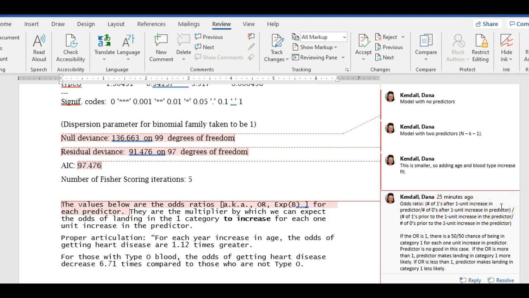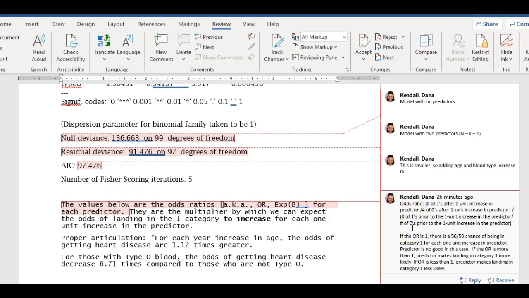Remember, odds is probability of event over probability of non-event. Okay, so how many ones were there after the 1 unit increase in the predictor, and then how many zeros. And so that's just the numerator of the odds ratio. And then the denominator of the odds ratio is, prior to that 1 unit increase in the predictor, how many ones over how many zeros.